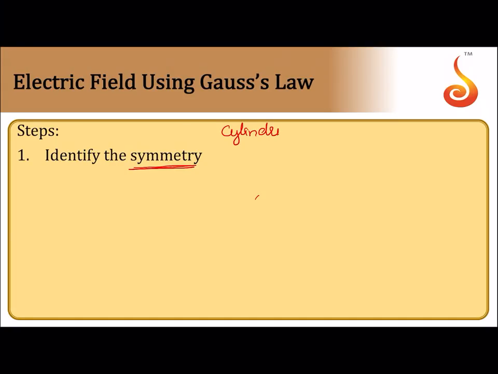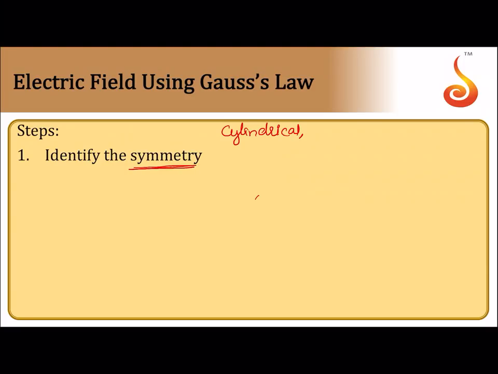What is the meaning of linear or cylindrical symmetry? It refers to the case in which the charges are present on a line, or maybe on a cylinder, maybe a long line, maybe a long cylinder, etc.